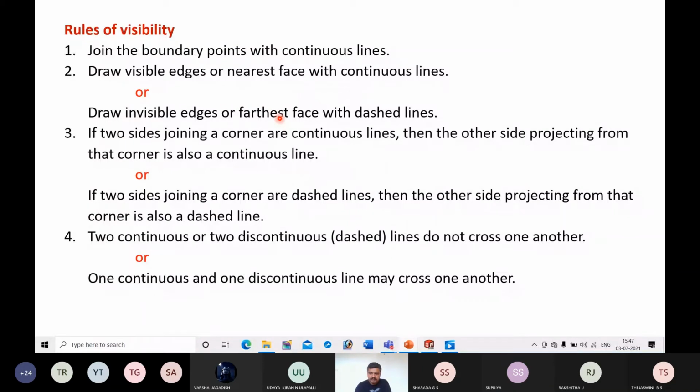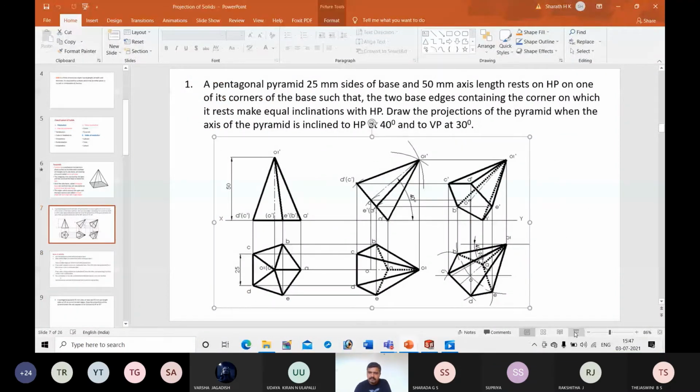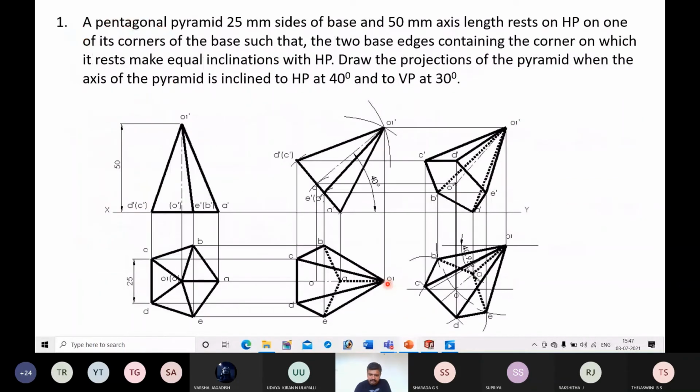So the meaning of this is, here we are looking from this direction, top. For the observer, apex is nearer, base is farther. If base is farther to the observer, then base edges will become invisible.